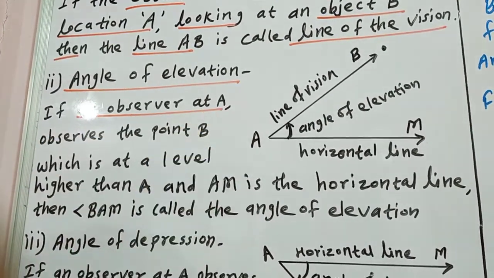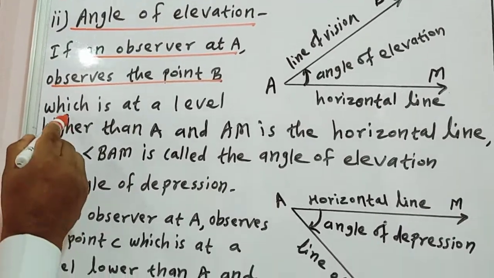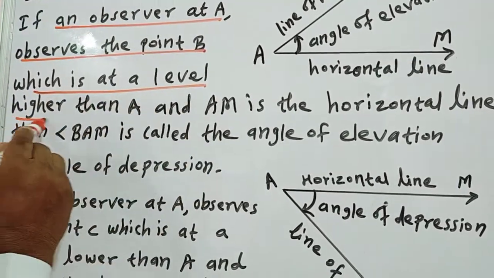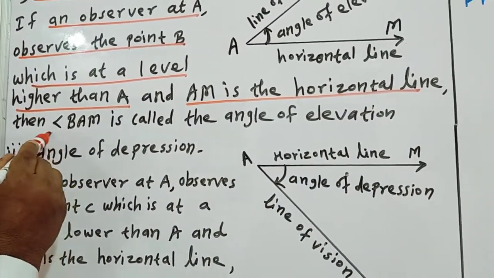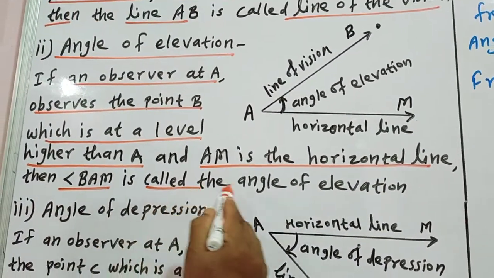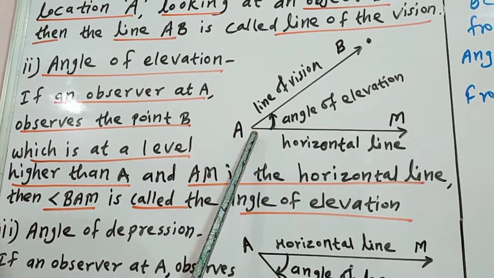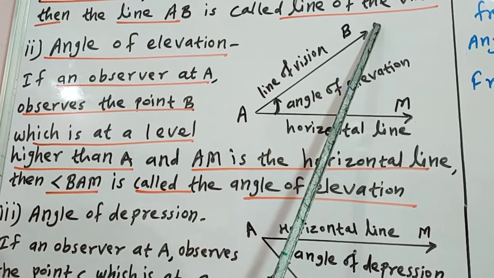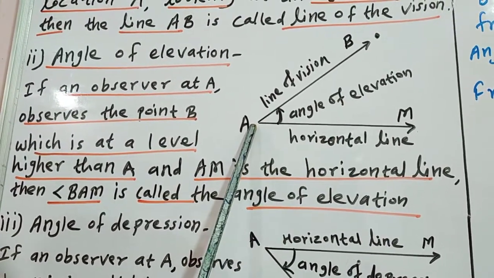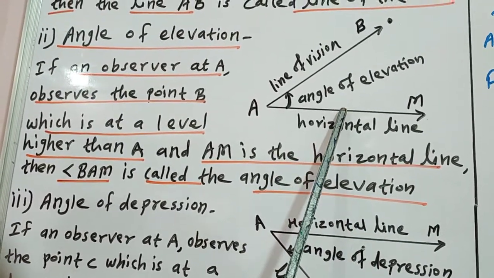If an observer at A observes the point B, which is at a level higher than A, and AM is the horizontal line, then angle BAM is called angle of elevation. Now see in this figure, here the observer is standing at point A and observing point B. But if the observer looks straight, this is called horizontal line AM.